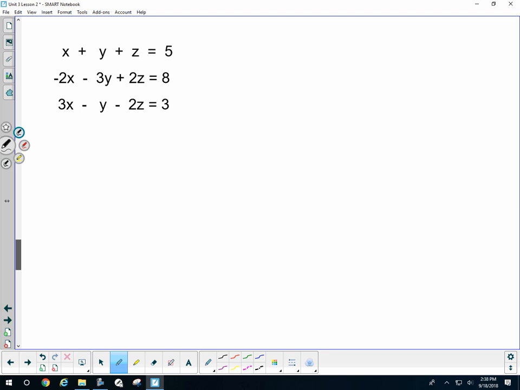You will create a new system with just two variables. Solve that system. Once you get one variable, you should be able to find the other variables. Go. Everybody needs to practice this.